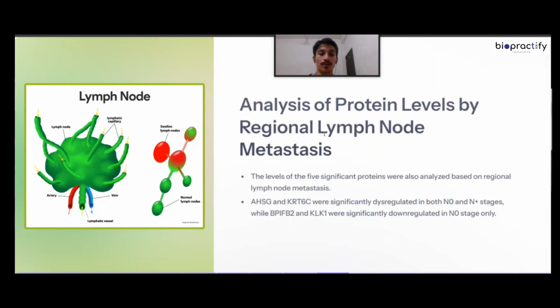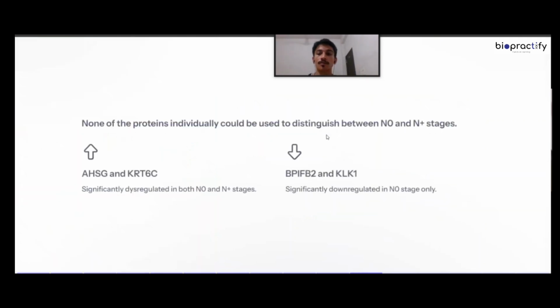wherein BPIFB2 and KLK1 were significantly downregulated in N0 stage only. So AHSG and KRT6C were significantly dysregulated in both the stages of N0 and N plus, wherein BPIFB2 and KLK1 were significantly downregulated in just N0 stage only. So none of the proteins individually could be used to distinguish between N0 and N plus stages.